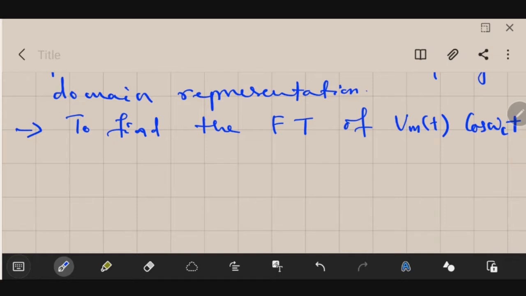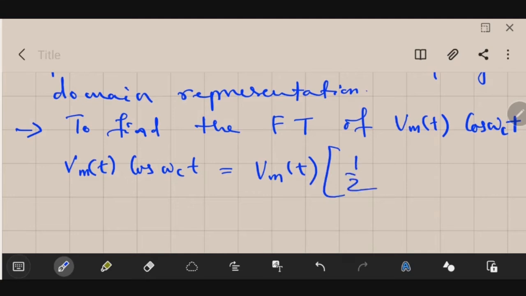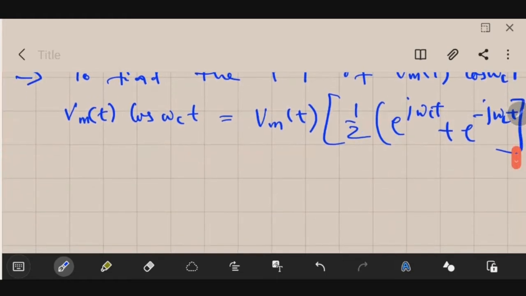Okay. So your Vm of t cos omega ct is equal to how much? Your Vm of t multiplied with half, e to the power j omega ct plus e to the power minus j omega ct. Okay, got it? So now I could simply use the frequency shifting property of the Fourier transform and evaluate it.